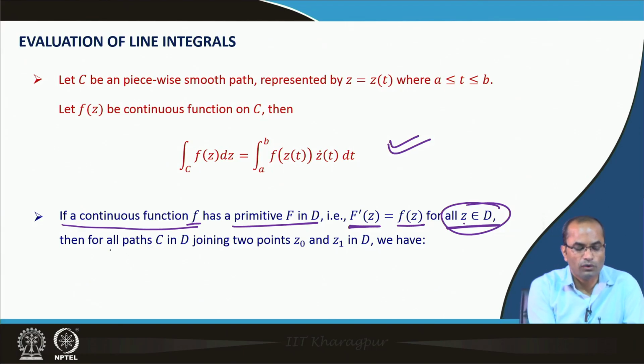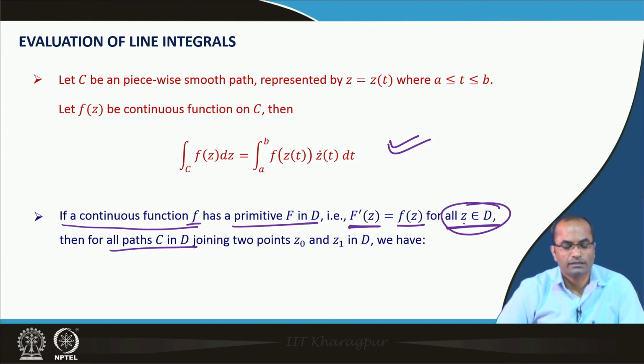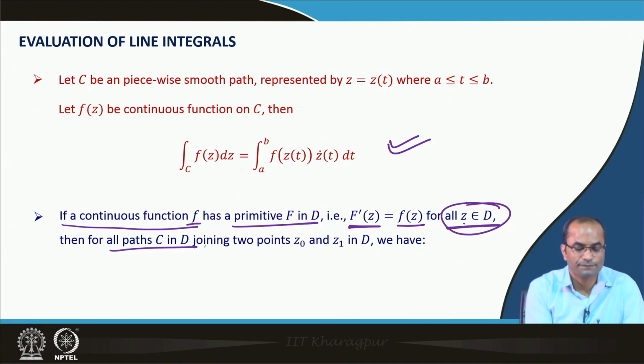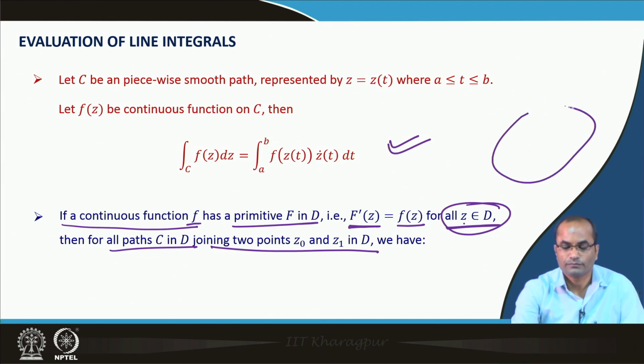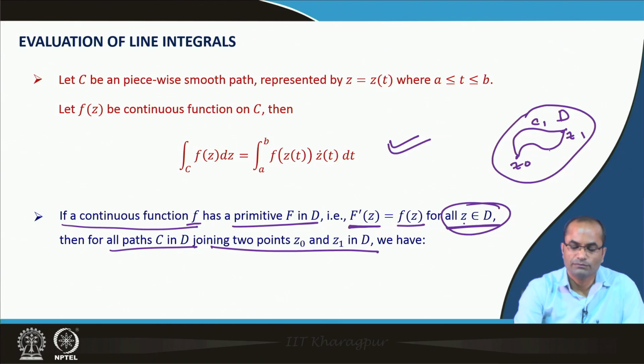Then any path C in this domain D which joins, for example, these two points z 0 and z 1, which belong to D, will work. We can take any path, like the C 1 path, C 2 path, or any other C 3 path.